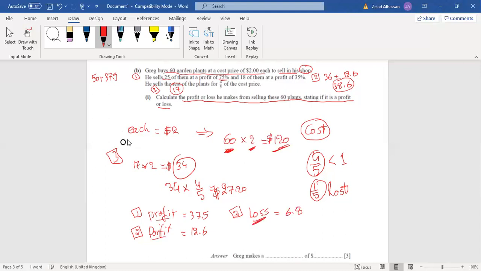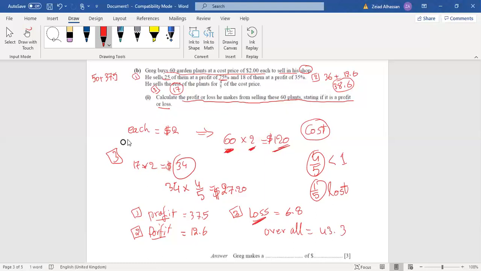Let's add the profits together. 37.5 plus 12.6 minus 6.8 equals. So overall total profit plus profit minus 6.8 overall is equal to 43.3.